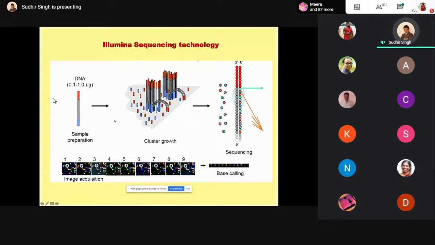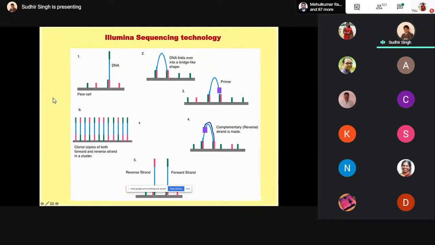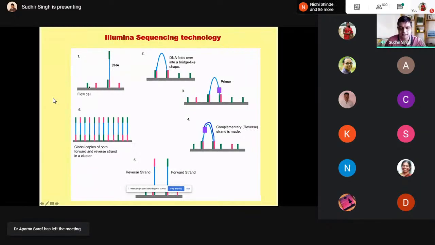Once that is done, you have a kind of flow cell. You can think of a flow cell as a miniaturized ELISA plate. It is basically a glass plate where many spots having adapters are spotted. In earlier times, we used to see microarrays, something of a similar sort but very miniaturized.